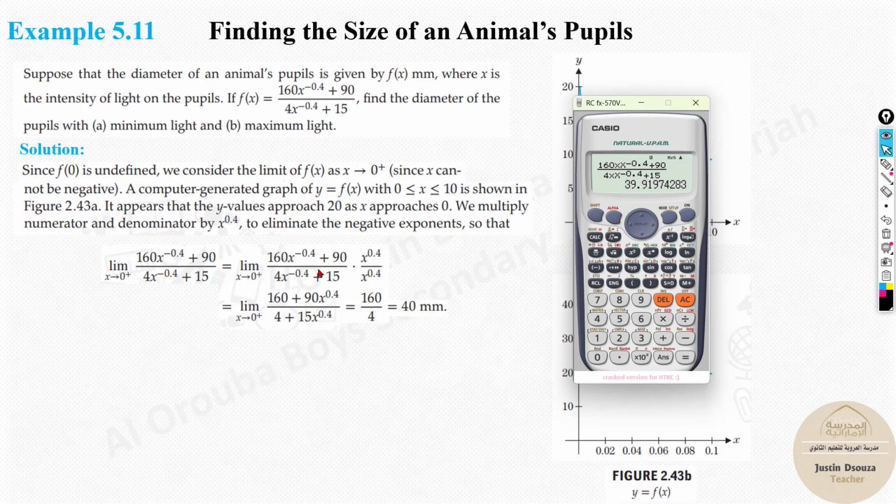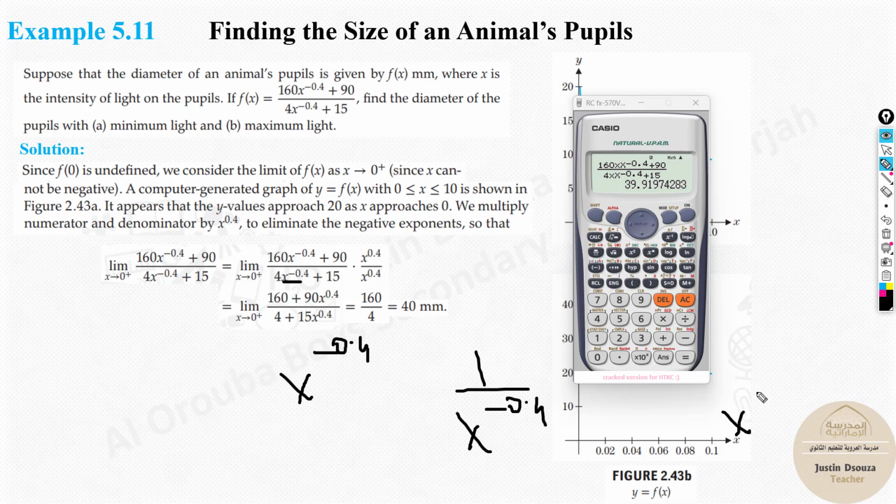Now another way would be just solving this over here. We had learned about a thumb rule. Do you remember? In the denominator, the highest degree is x to the power minus 0.4. You should divide both the places by x to the power minus 0.4. When you divide, what happens?